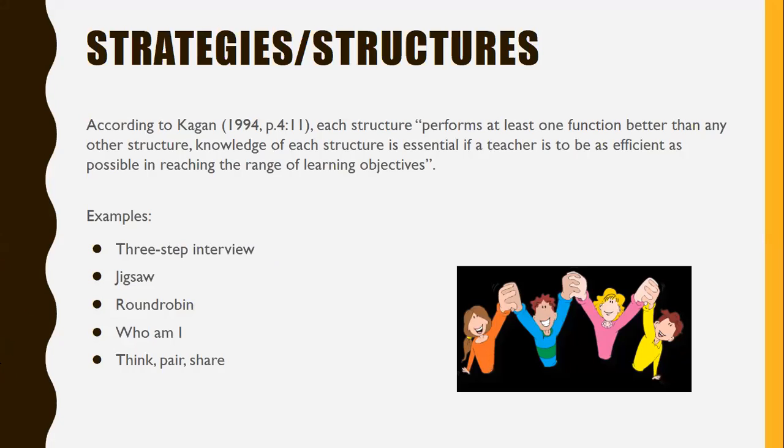The second step is sharing that answer with one member of the group, so it would be in pairs. And the third step would be sharing that answer with the whole group. That is why it's called three-step interview.